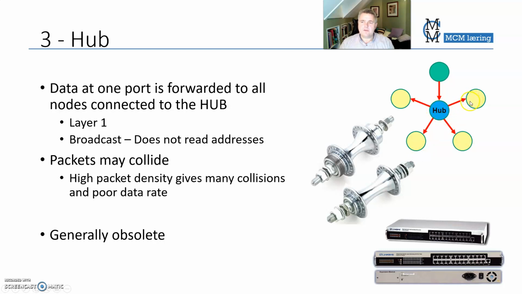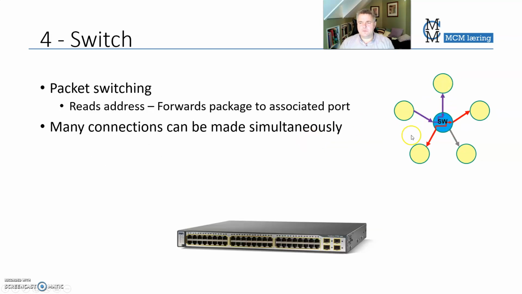So the hub doesn't have to be concerned about addresses, because it will simply forward the message that comes from the green node to all the other devices. Nowadays hubs are rarely used at all, because what we have instead is the switch.